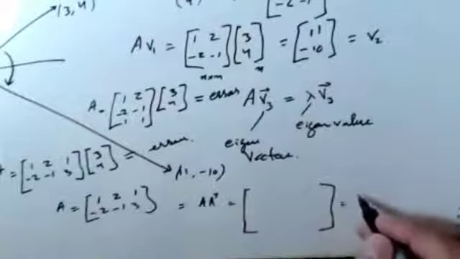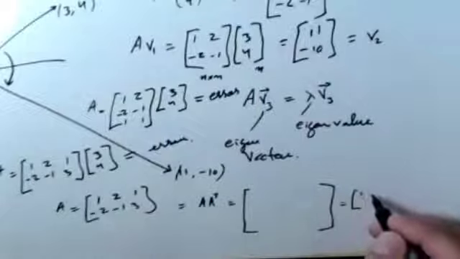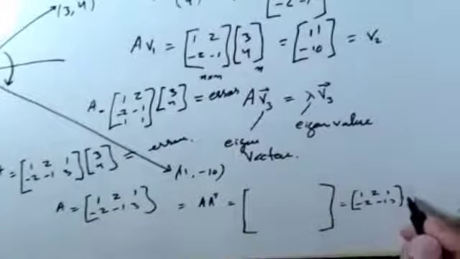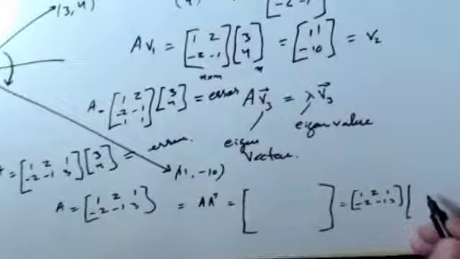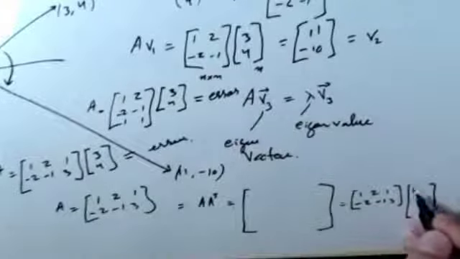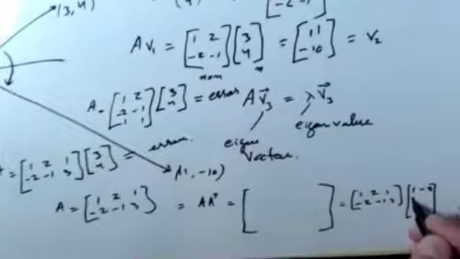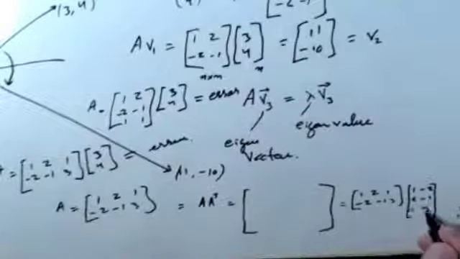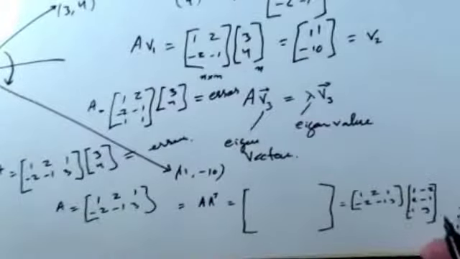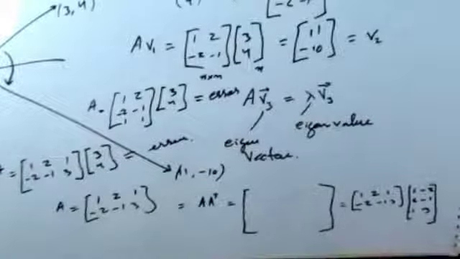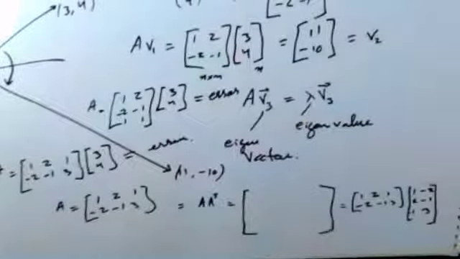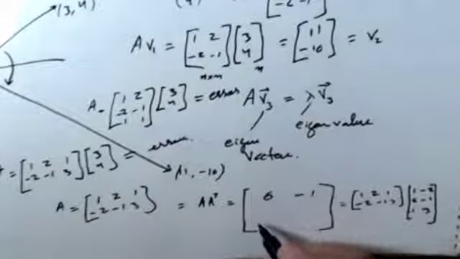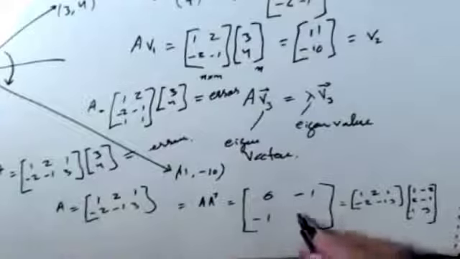This is equal to the A matrix [1, 2, 1; -2, -1, 3] multiplied by its transpose, [1, -2; 2, -1; 1, 3]. When we multiply these together, we get a square matrix [6, -1; -1, 14].